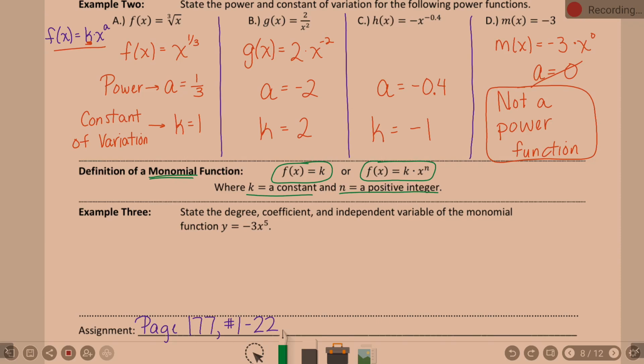So what do we mean about positive integer? 0, 1, 2, 3, 4, and so on and so forth. Or in other words, a whole number. So 0 does count here.